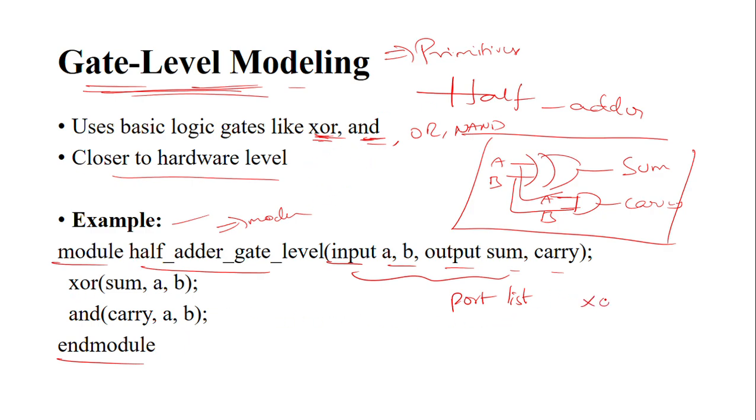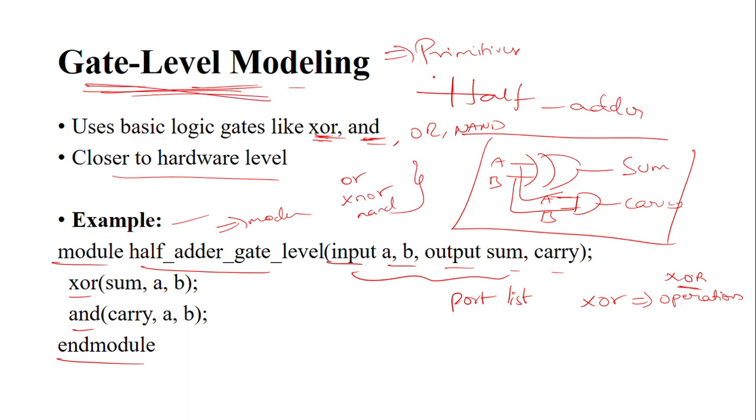If you write xor, it is considered as an XOR operation. We don't use it for our own keyword or variable names. It is one keyword, we don't use it for other purposes. We write xor and and to perform XOR operation and AND operation. If you write or, it means OR operation, xnor means XNOR operation, nand means NAND operation. So these are the primitives.